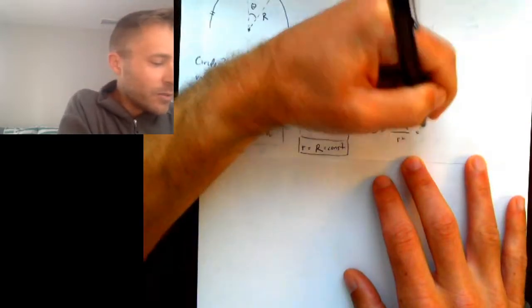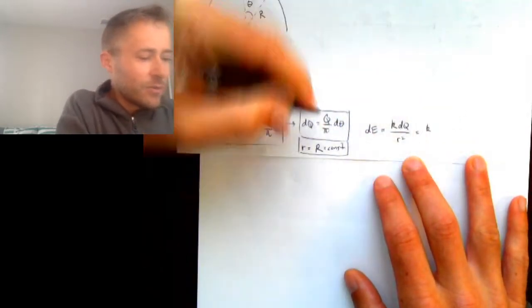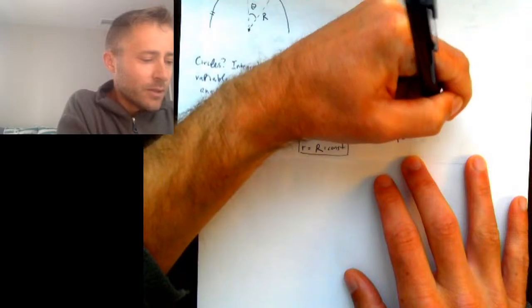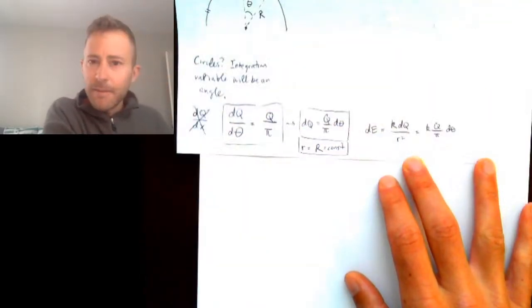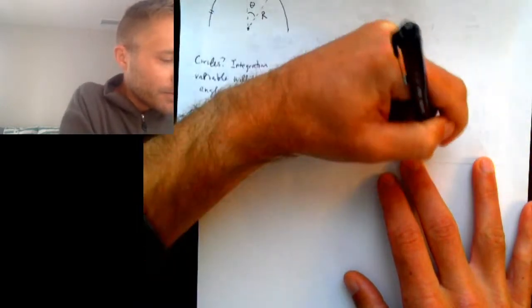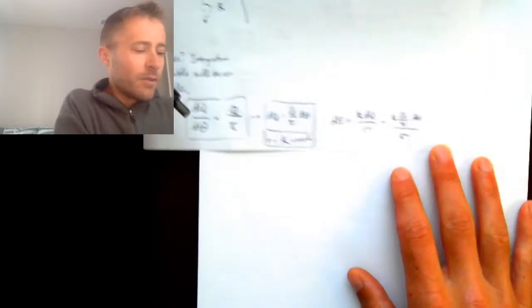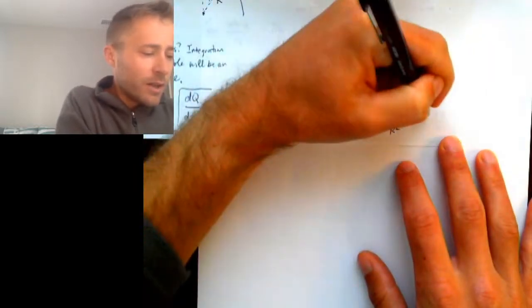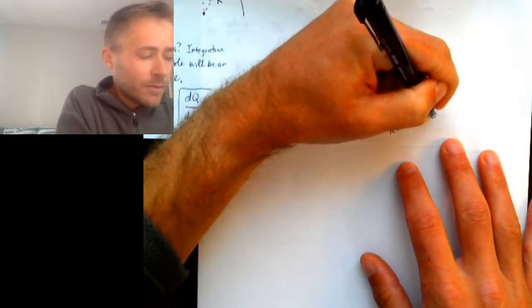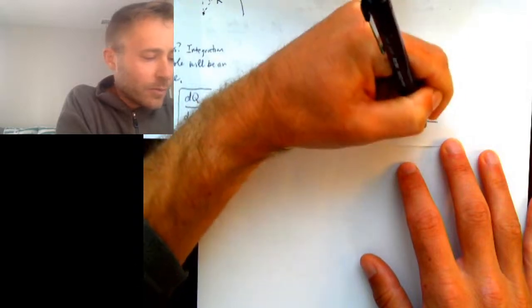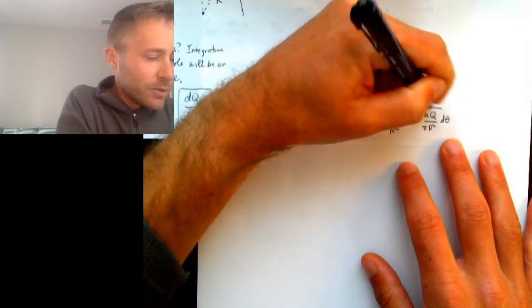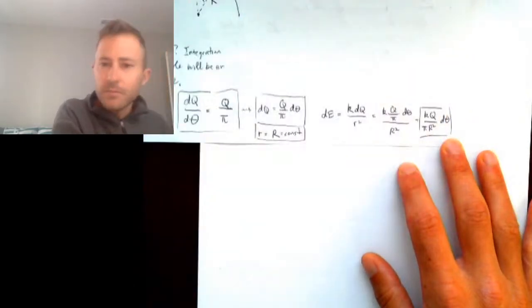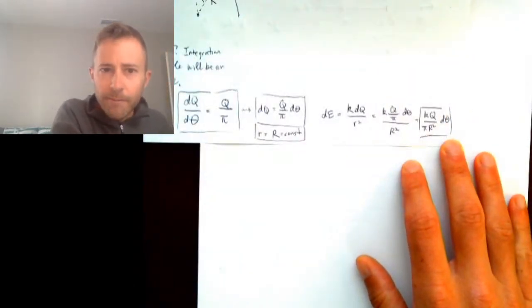So I know that's going to be k times dq, which is q over pi times d theta, over r squared. Okay, so I'm just going to simplify that: k q over pi r squared times d theta. So this is my dE.